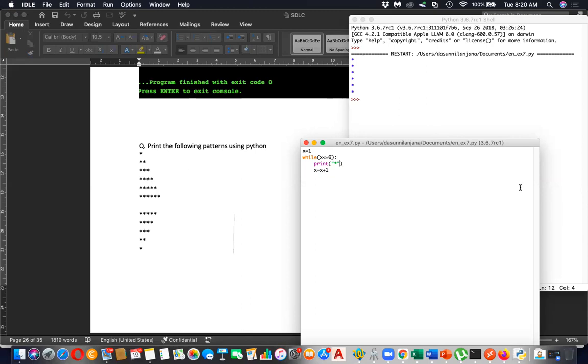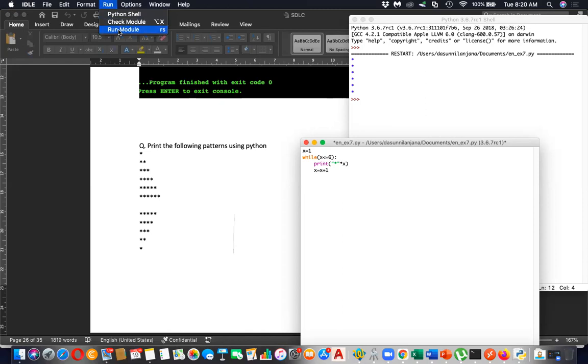So here you have 1 star, then second time you need 2 stars, third time you need 3 stars. That means you can multiply by x, because first time x is 1, then 1 star; second time x is 2, then 2 stars; third time x is 3, then 3 stars.